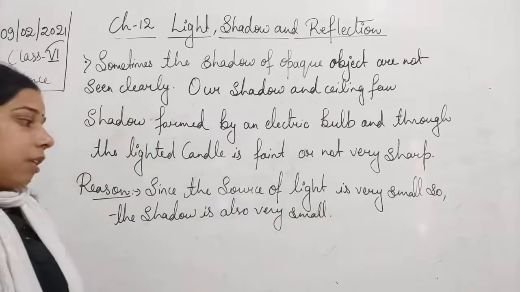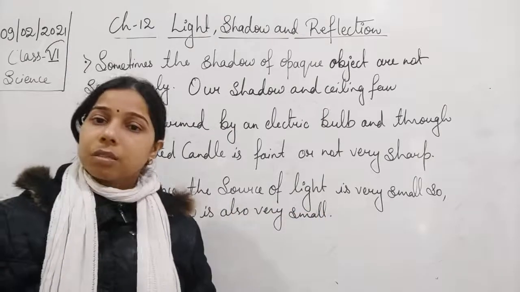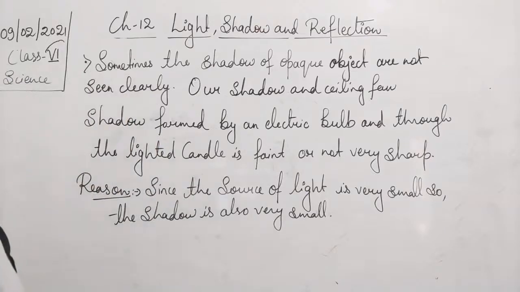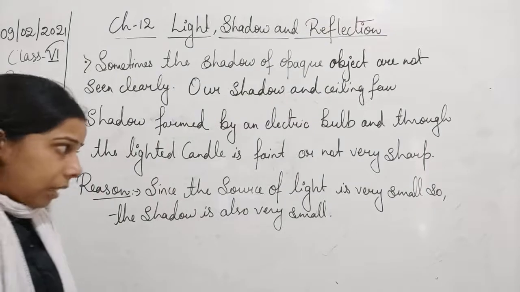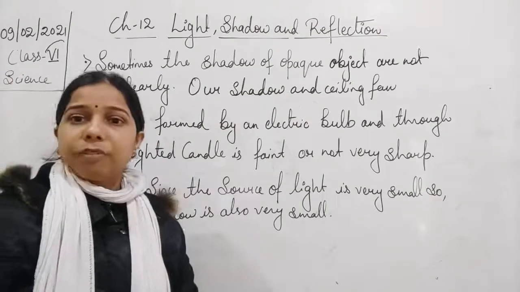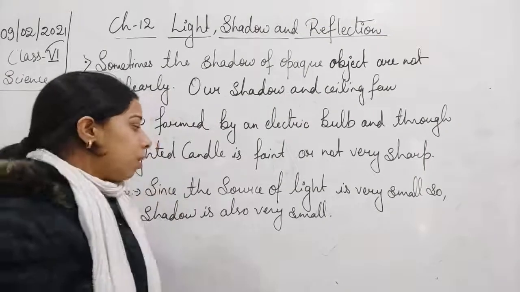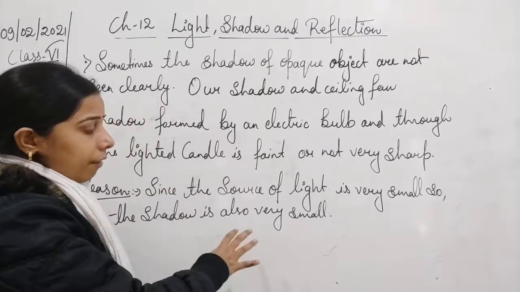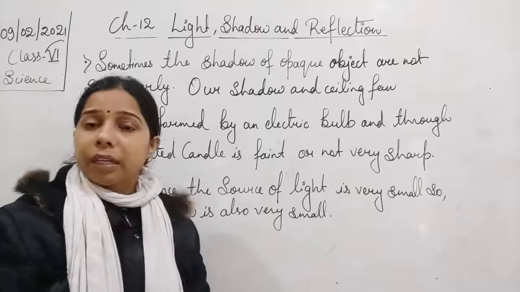So we can write here that the shadow of the opaque object will be faint, will be less sharp, will be faded if the source of light is very small.